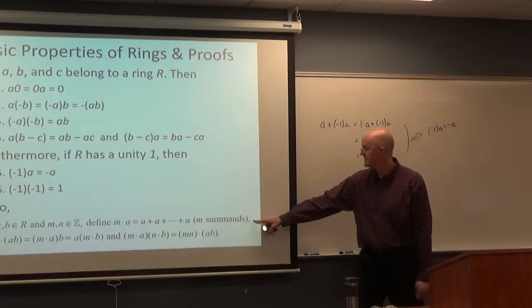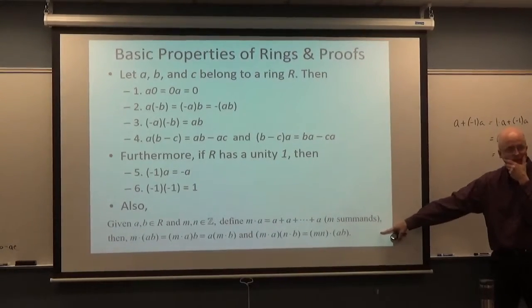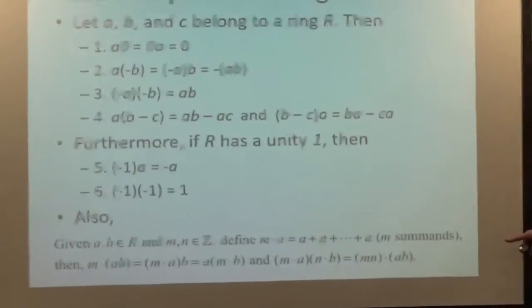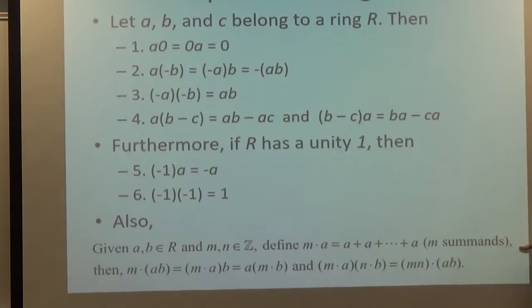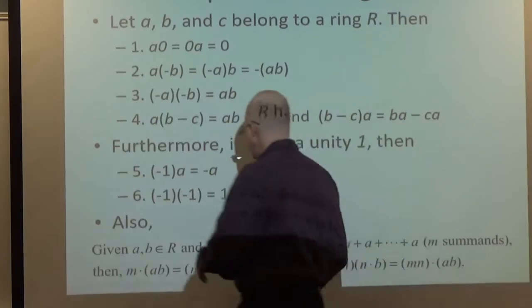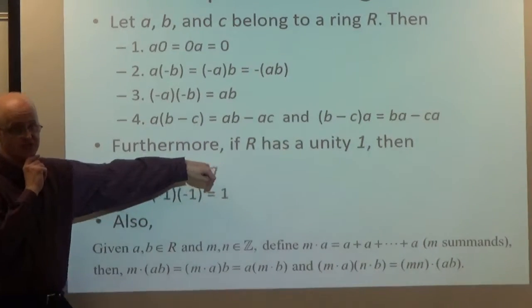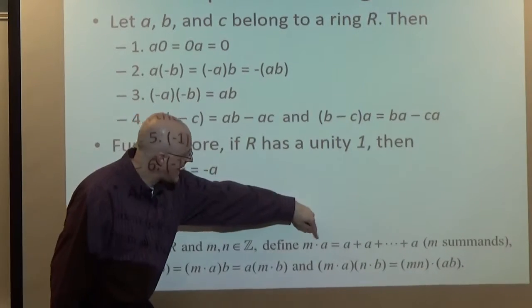Look down here. This was a property not listed in the reading. Down here at the bottom, you might want to write this down. It was in some exercises that I'm going to assign. Given a, b in an arbitrary ring R, and m and n that are integers, define ma.